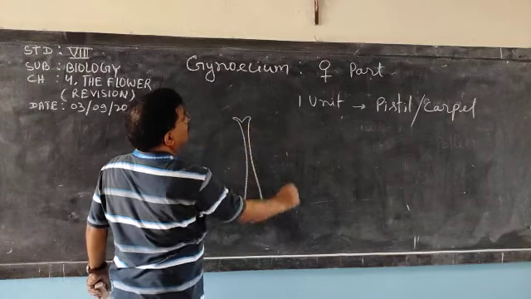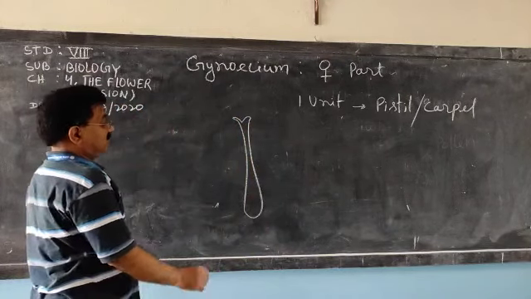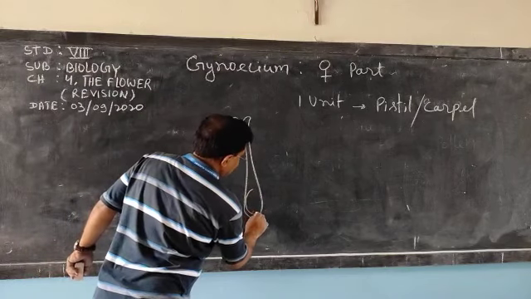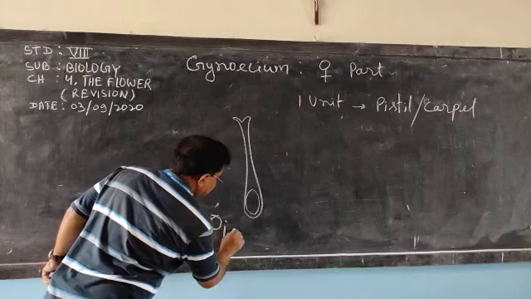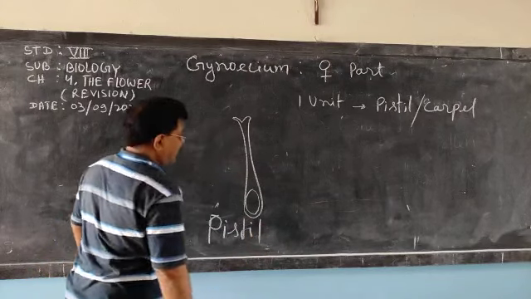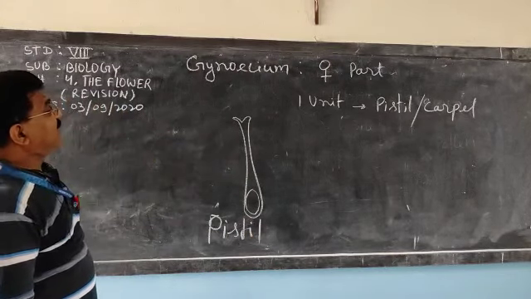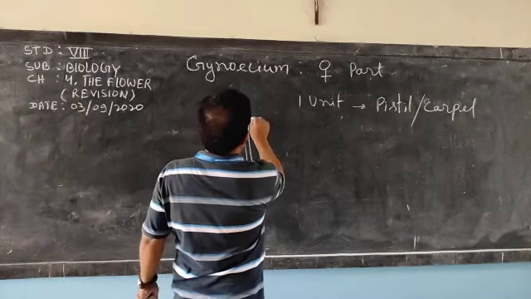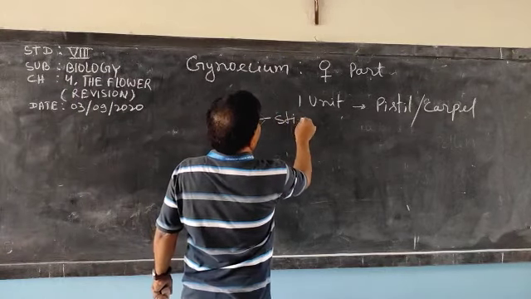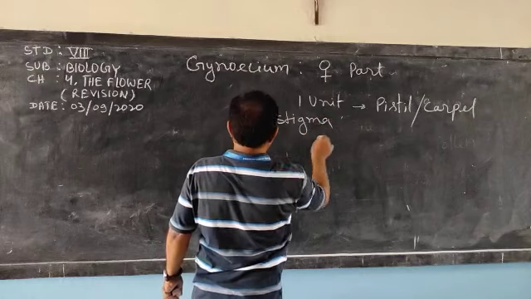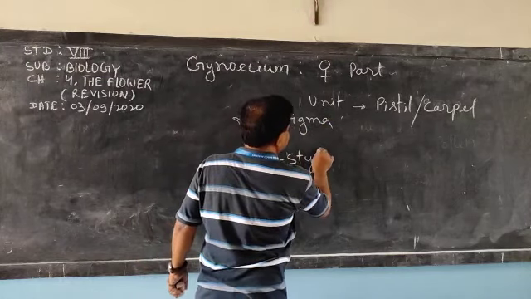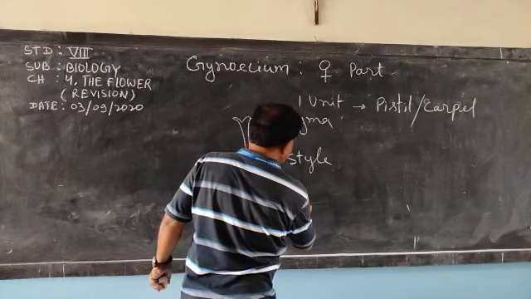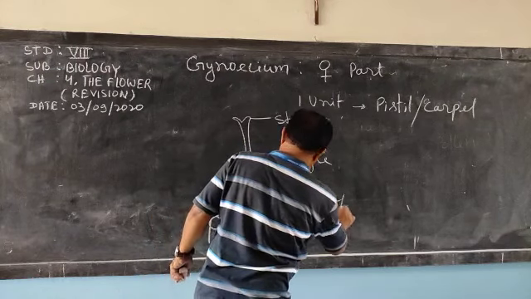If you see the pistil in detail, the upper part is called stigma, the middle part style, and the lower part is the ovary.